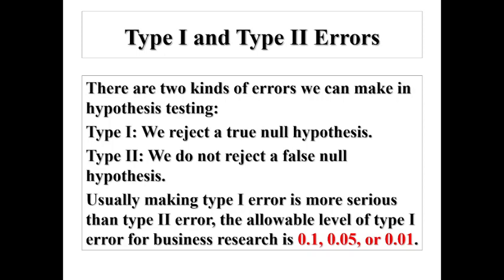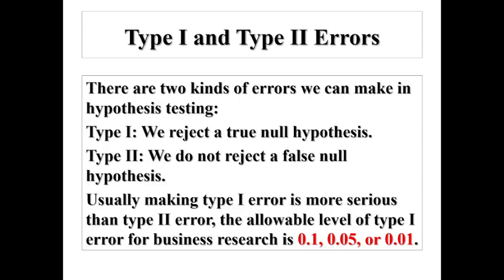What do we mean by reject a true null hypothesis? So if A is innocent, if this is true, and we reject it, we reject that A is innocent. So what does that mean? Since our alternative hypothesis is A is not innocent, if we reject the null hypothesis, then we accept or support the alternative, right?